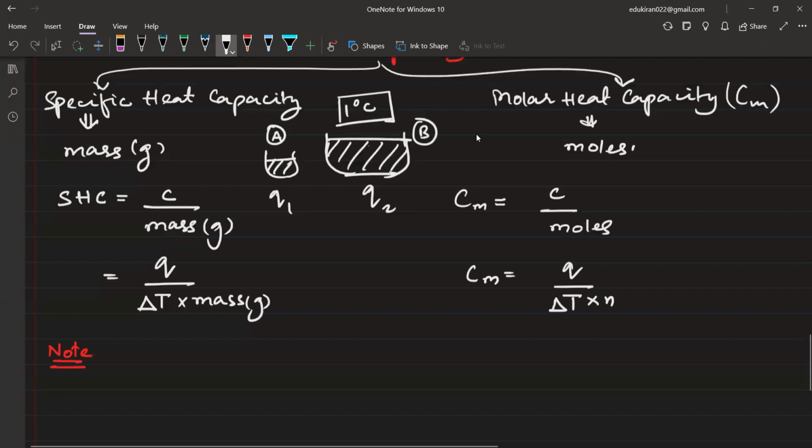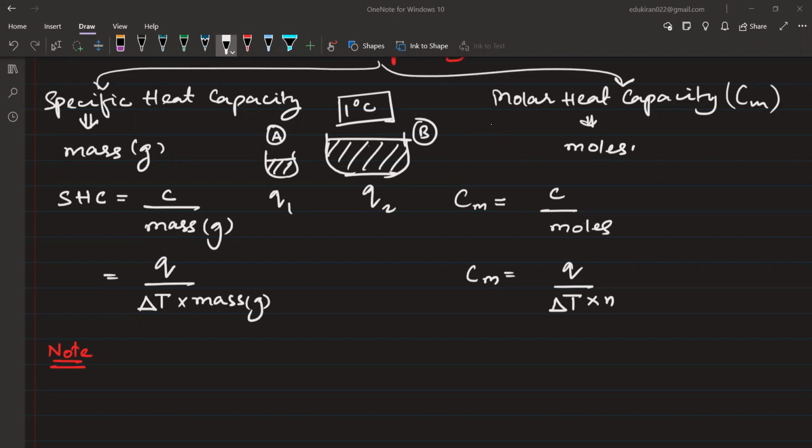First tell me, then write the answer. Both are water. Which will require more heat, A or B? Which will have to be heated for longer to change by 1 degree Celsius? B will have to be heated more.